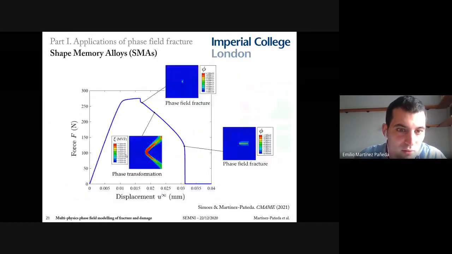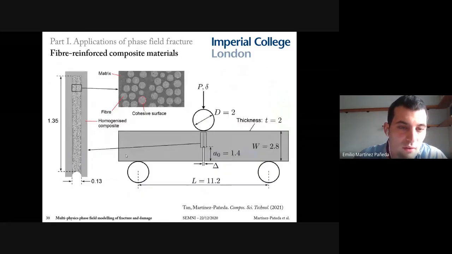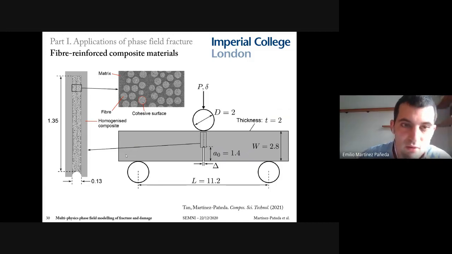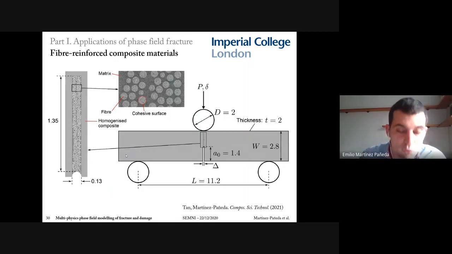Your second question was in relation to the three-point bending example. In this case, the fibers and the matrix are all linear elastic. The problem is non-linear due to the fracture. As I said, we haven't seen any convergence problems. This method is quite robust. We are also running simulations with an elastic-plastic matrix, for example, and they seem to be working well so far.